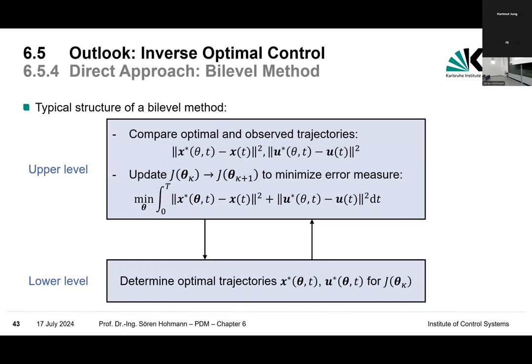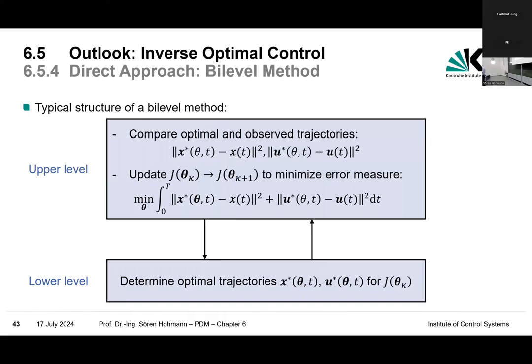So objective function J depends on theta, and the parameter theta is unknown. It's like setting an objective function up where the Q and R and S are unknown. And then you tune these parameters such that these 2 trajectories, the one calculated and the one measured, fit. And tuning these parameters is again an optimization problem.